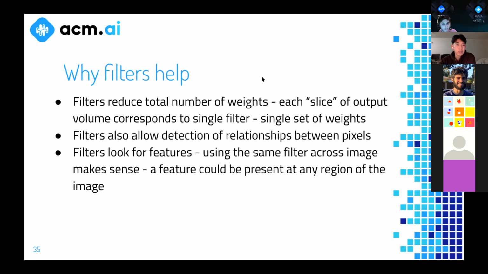So let's move into why filters help. Like we touched on, filters are going to reduce the total number of weights, because we're taking this same filter and moving it all throughout the image. In a sense, we're reusing our weights.